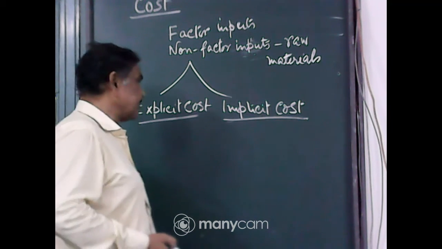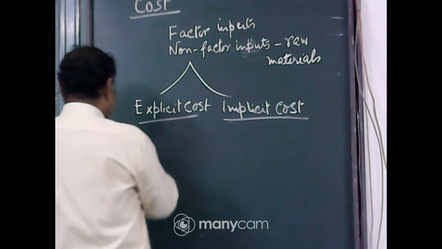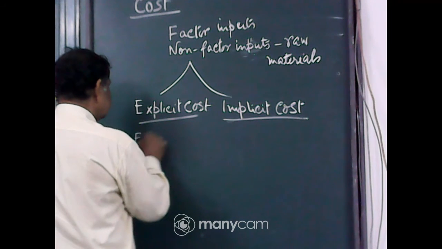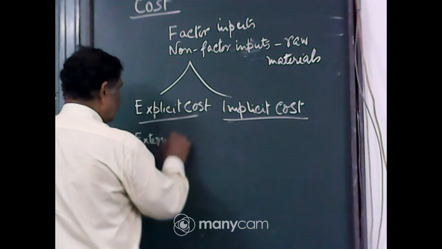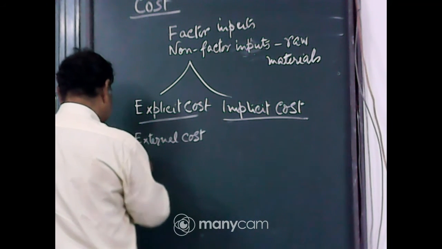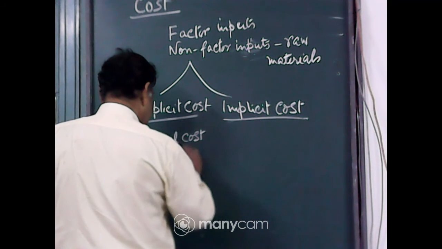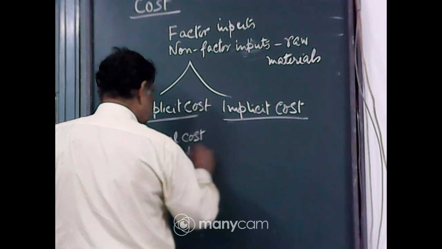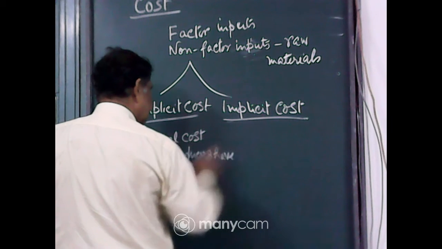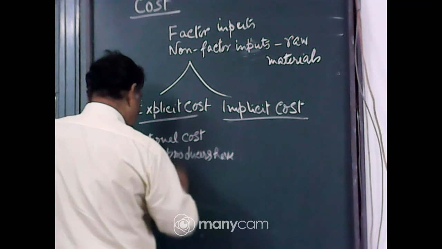Explicit cost is a payment concept. Number one, it is external cost, which the producer has to bear for purchasing.